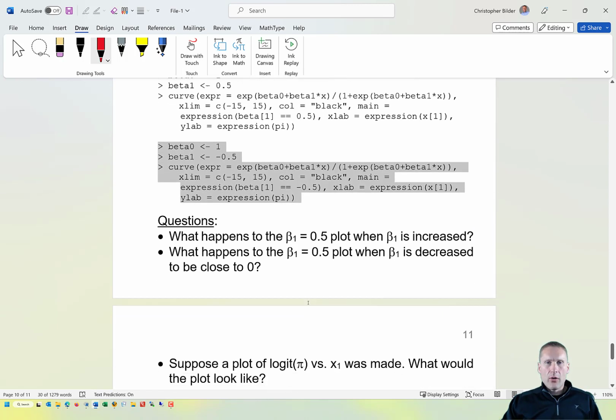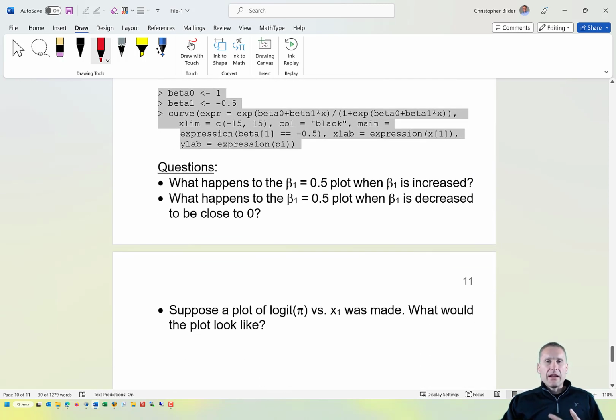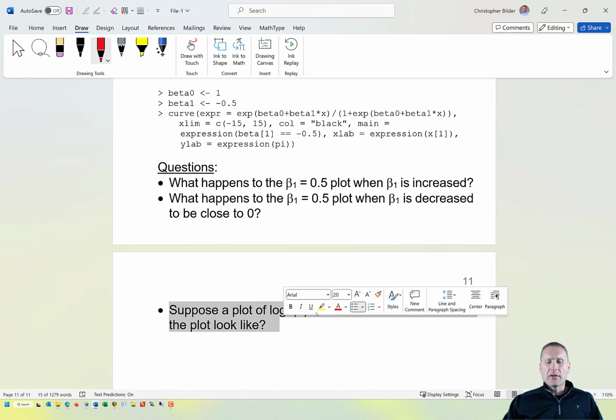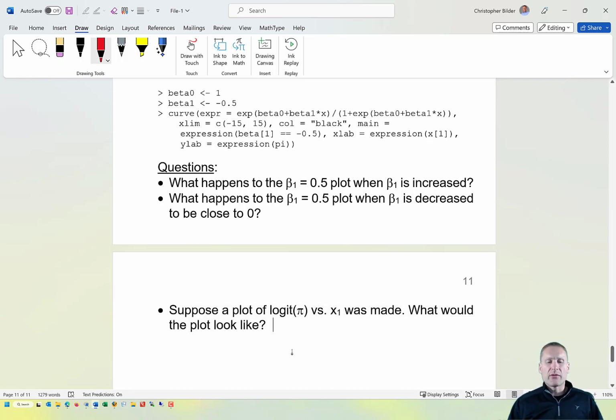Now on your own, what I would like you to do is use my program as a template to evaluate what happens when, for the beta 1 equal 0.5 plot, you were to increase beta 1, or you were to decrease it towards 0. What's going to happen? Also, think about, suppose a plot of the logit of pi versus x1 was made.